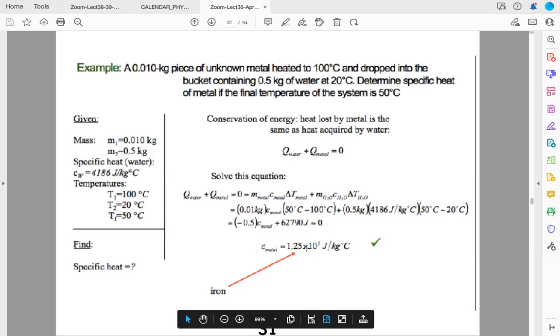So it is positive. If it's positive, it means that I've done everything correctly because C is supposed to be positive. And then I found this number and the units are joules per kilogram per C. If we look in the table, we find that this C is the one of iron. So the unknown metal is iron.